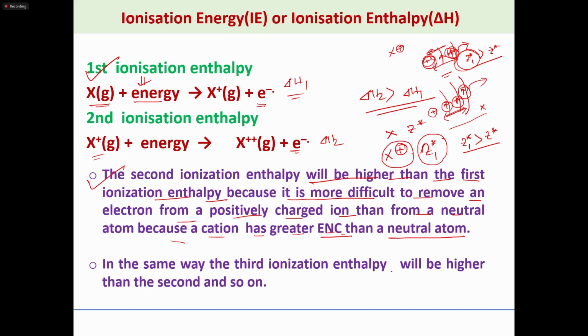So that's why it is written that the second ionization enthalpy will be higher than the first ionization enthalpy. So this is a good point, and just remember that. Second point is that in the same way, the third ionization enthalpy also will always be higher than the second ionization enthalpy.